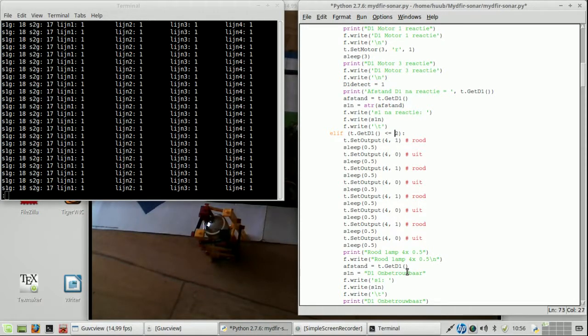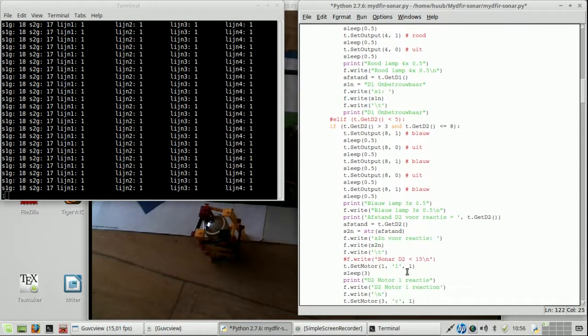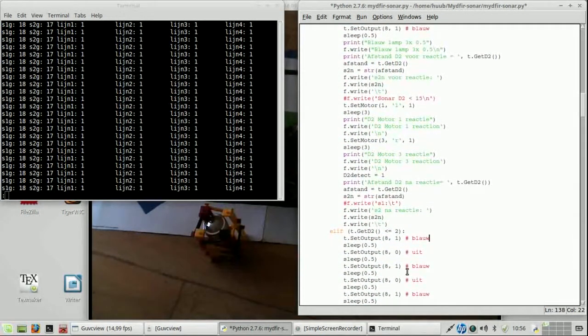But let's make this 3 as well. Just see whatever happens. And of course I have to change this one as well. And this one too.